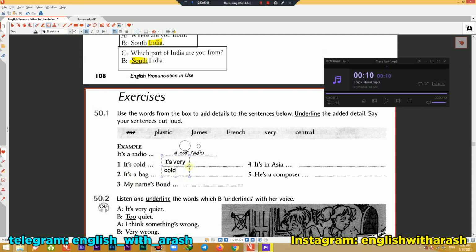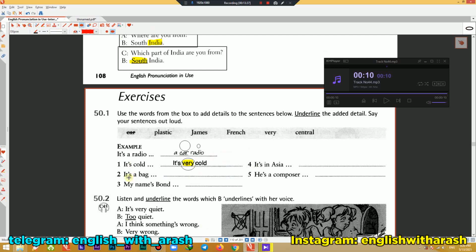And this very has the stress. Good, Ali. Good, Sajjad. Good, Parsa. It's a plastic bag. Yeah. So I'm adding very here and I'm stressing it. I say it louder. It's cold. Come on, it's cold. It's very cold.